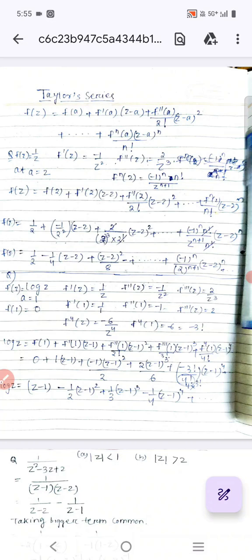Since f of z equal to 1 by z and the question has asked to find the Taylor series about a equal to 2, in place of z we will put 2, that is f of a equal to 1 by 2. Then we will find the first derivative of f of z.